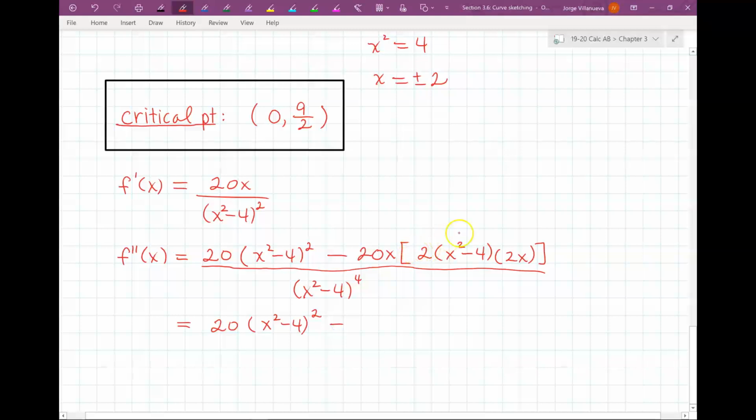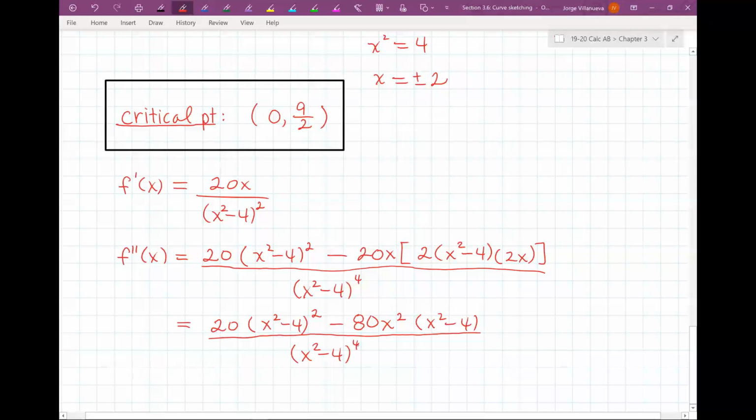I have a 2 times a 2 times a 20, so that's 80x squared times (x squared minus 4). Okay, because 2x times 2 times 20x, that's 80x squared. And then x squared minus 4. On the bottom, (x squared minus 4) to the fourth.